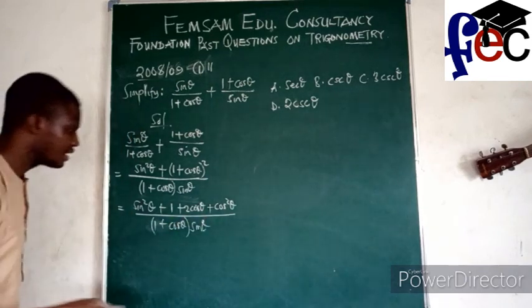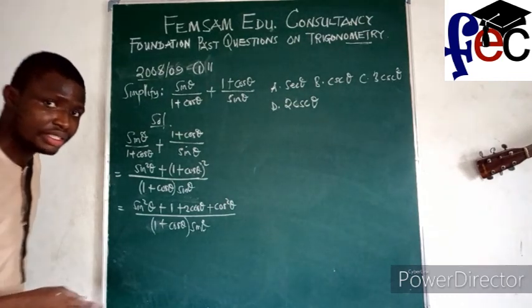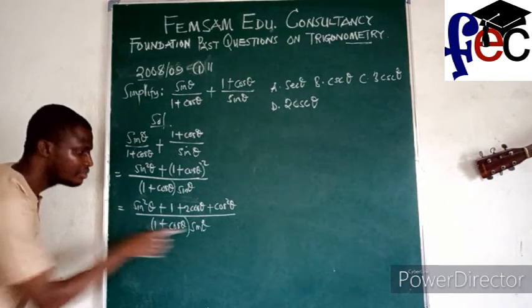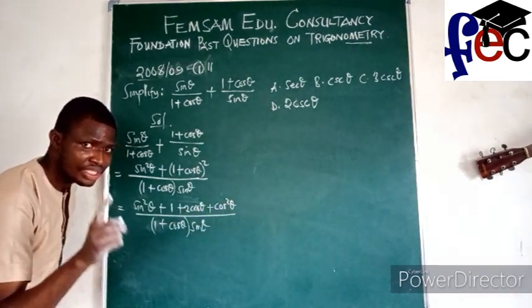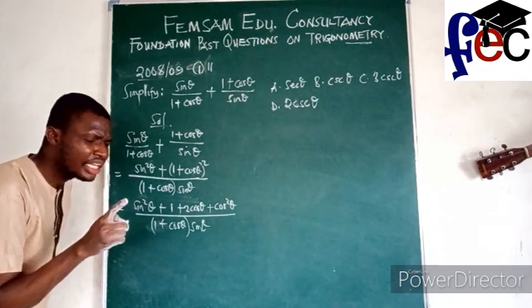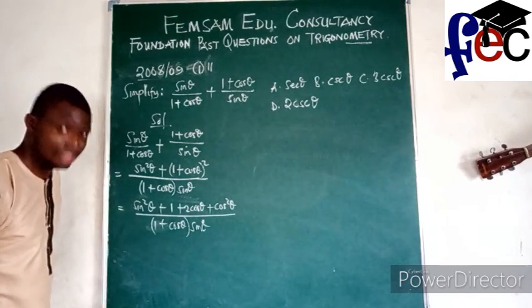Alright. Can we see anything? Yes, I can see something. I'm going to be fast. Do you see that this is sine squared theta plus cos squared theta? What does that suggest to you? That reminds you of the trigonometric identity. You understand that?